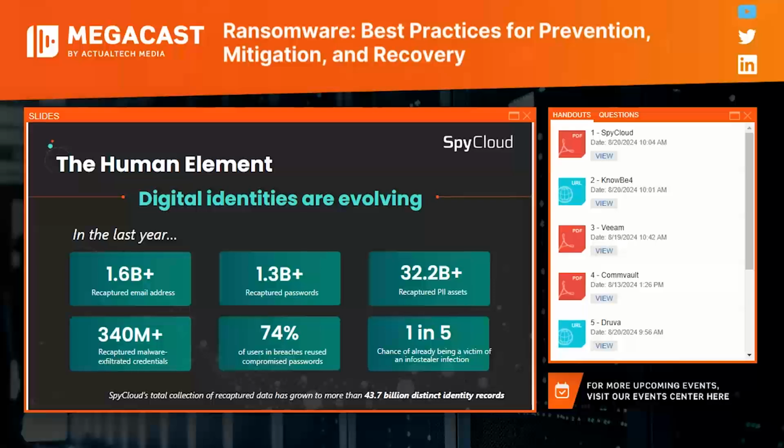They're leveraging all the stolen information on the dark net to cross-reference these stolen data sets to get access. These numbers just give you an idea of the type and amount of information that criminals are stealing from these exposed data assets, and this shows a glance into what SpyCloud recaptured last year. It's just so much data, from PII to credentials to passwords and emails, and it should reshape how you think about an identity.